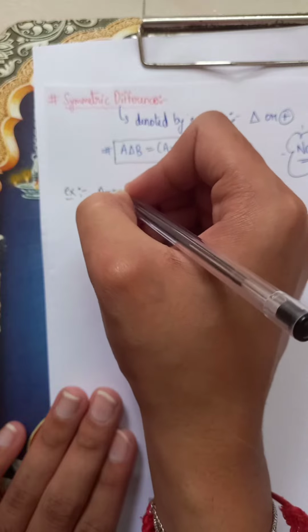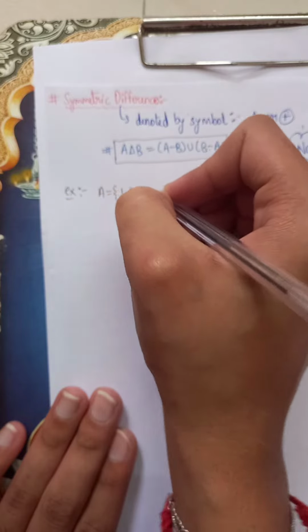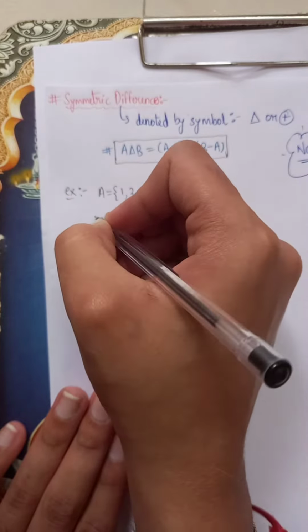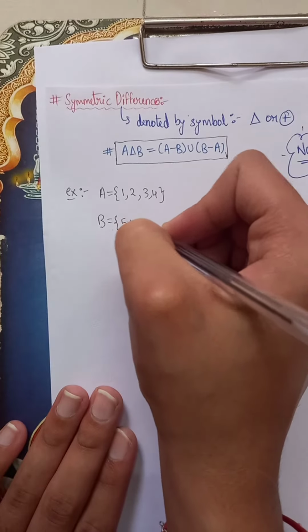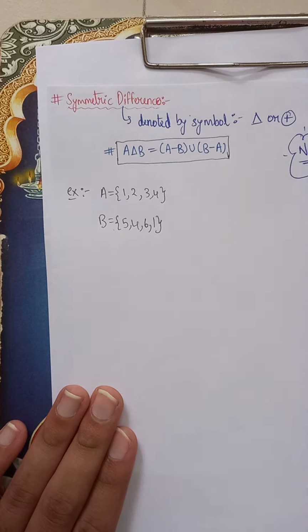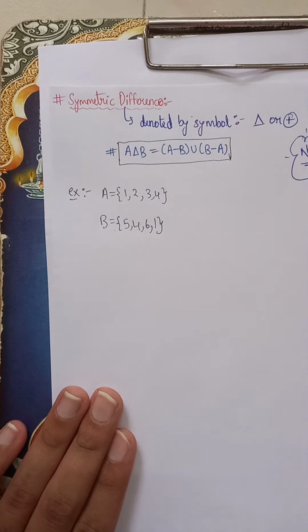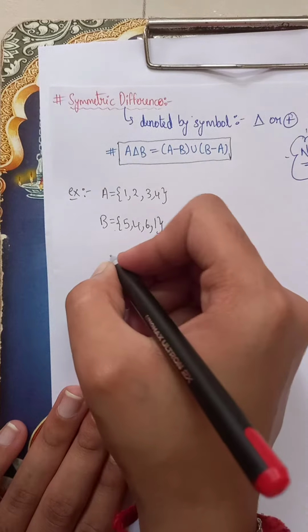Example number one. Suppose A is equal to {1, 2, 3, 4} and B is equal to {5, 4, 6, 1}. What is the symmetric difference between A and B?